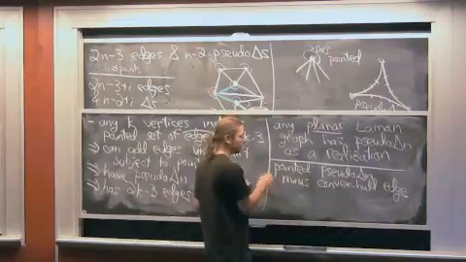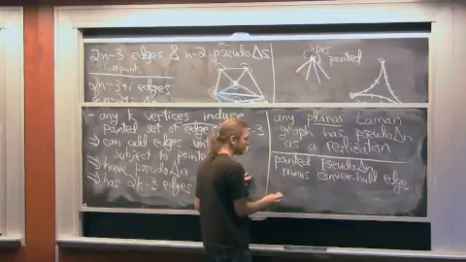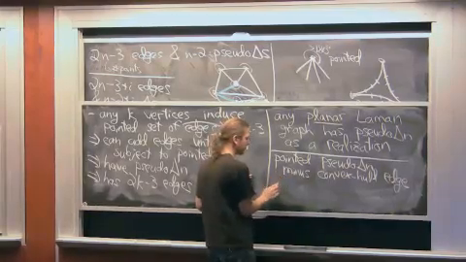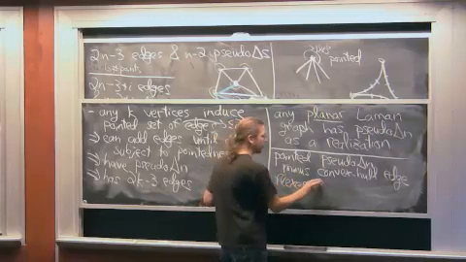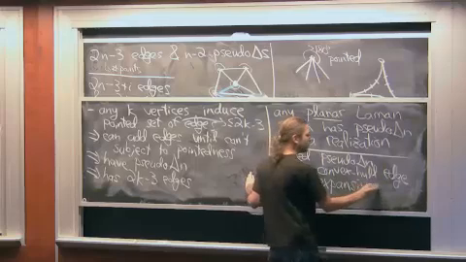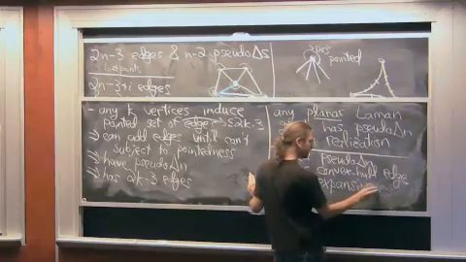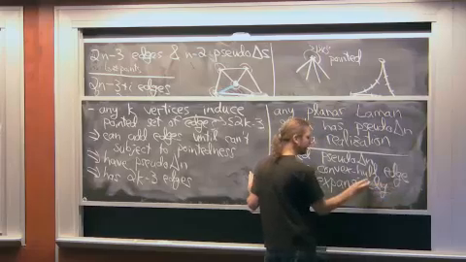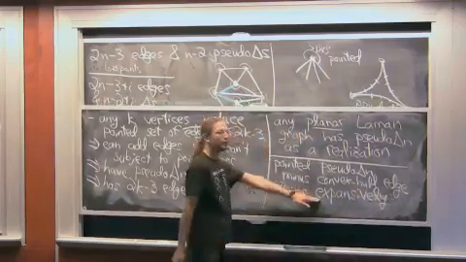So a pointed pseudotriangulation minus a convex hull edge, it's not only flexible, but it flexes expansively. Meaning if you look at all pairwise distances, they either stay the same, if they're connected by a bar, or they will increase.